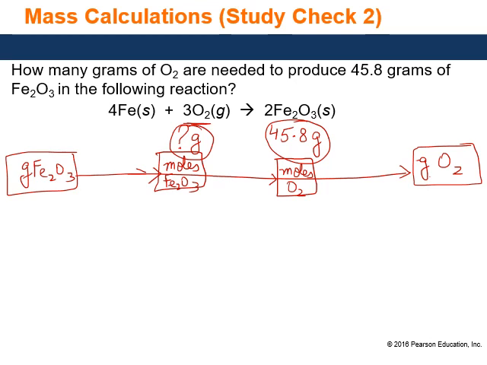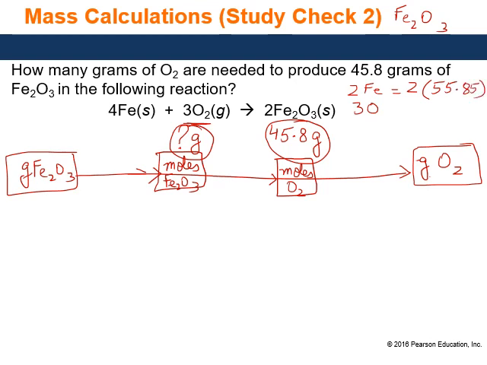So let's find the molar mass of Fe2O3. Fe2O3 has 2 iron atoms, 3 oxygen atoms. So that would be 2 iron, 3 oxygen. Let's add the masses. 2 times iron from the periodic table is 55.85 grams.